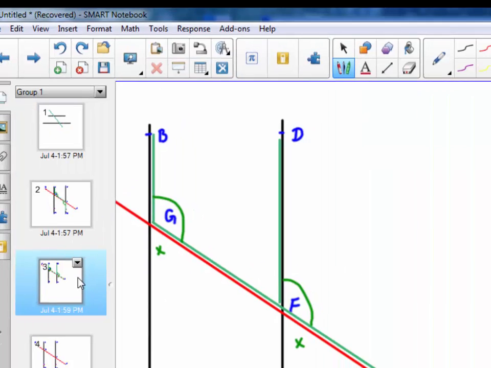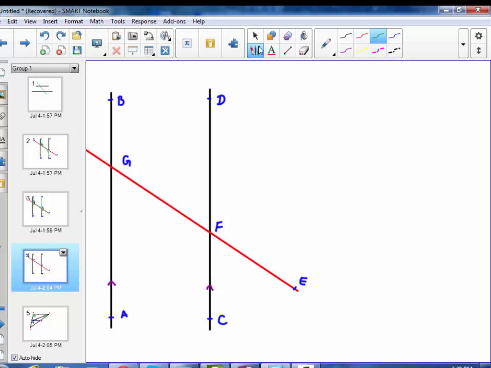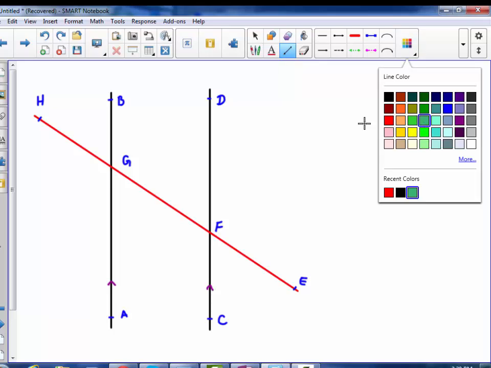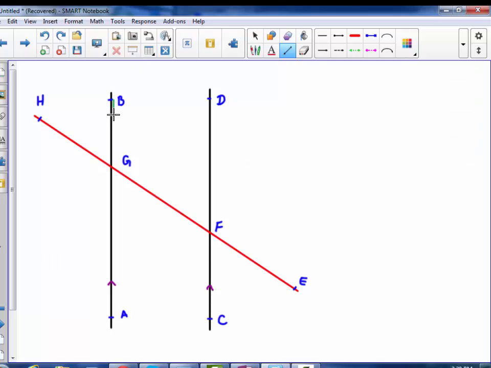So let's see the C pattern on the drawing. I'm going to open a new one, and now we're going to try together to draw in green this C pattern. So if I join BG, then GF, then FB, can you see in green?